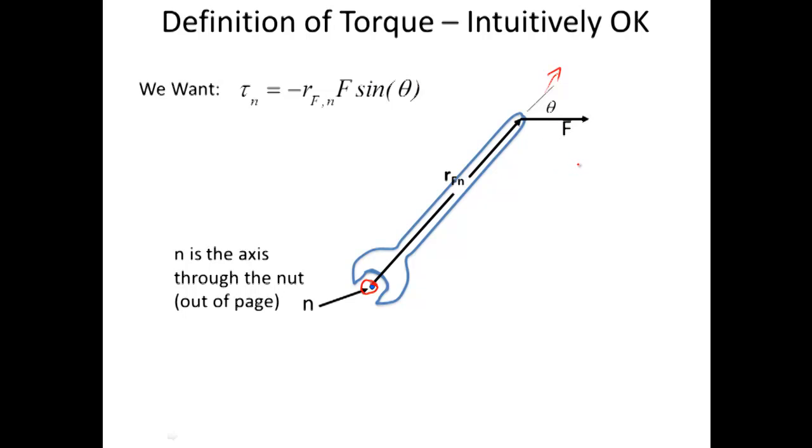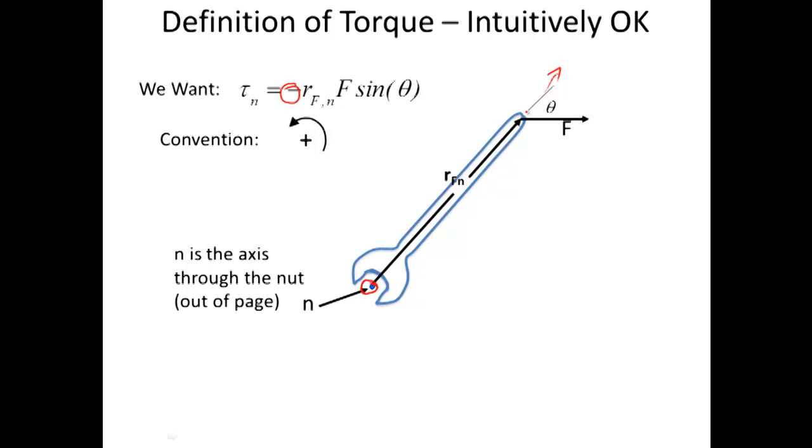Now you'll notice one other thing about the expression that I've written here, and that is that it has a minus sign. The point of that is the following. When you have a two-dimensional problem, like the wrench here, where the wrench, the plane of rotation and the force are all contained in the same plane, then there are two possibilities. One is that the torque is going around counterclockwise, and the other is that it's going around clockwise.